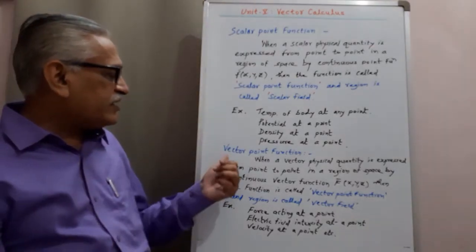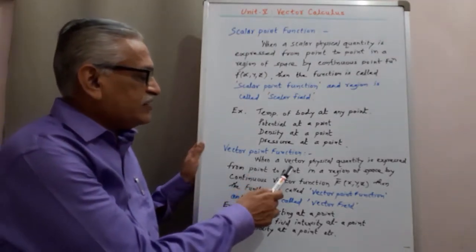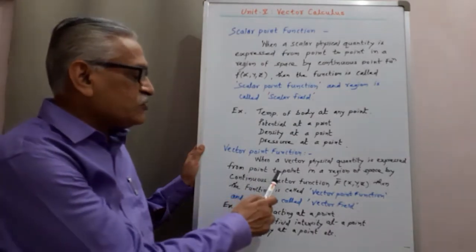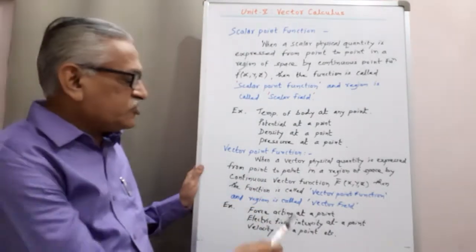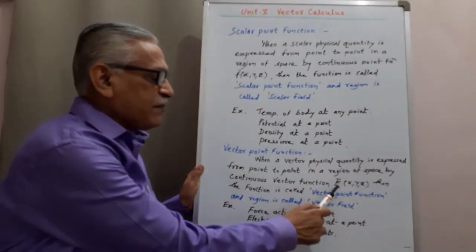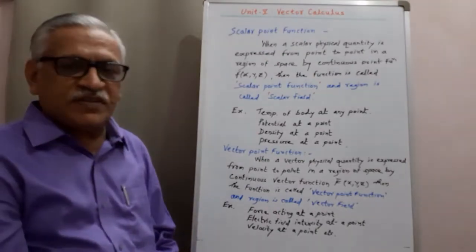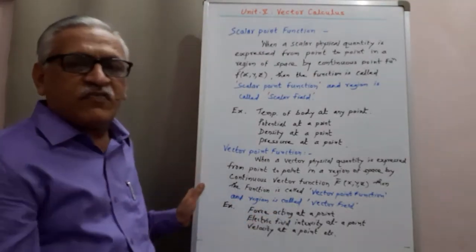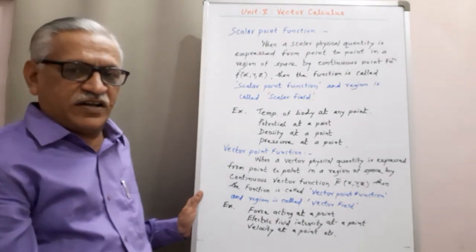Then second is vector point function. It is defined as when a vector physical quantity is expressed from point to point in a region of space by continuous vector function F bar of x, y, z, a function of variables x, y and z, then that function is called a vector point function and the region is called a vector field.